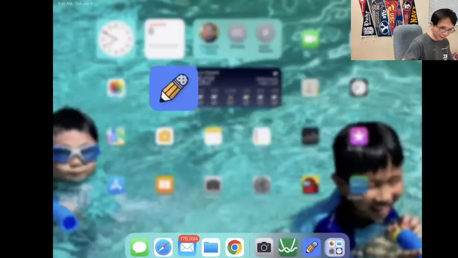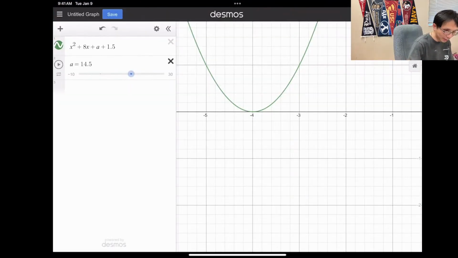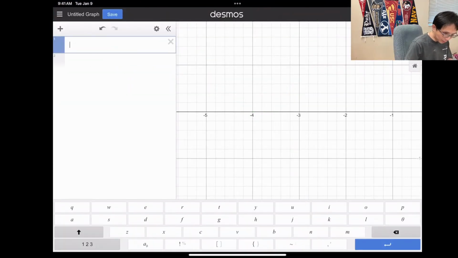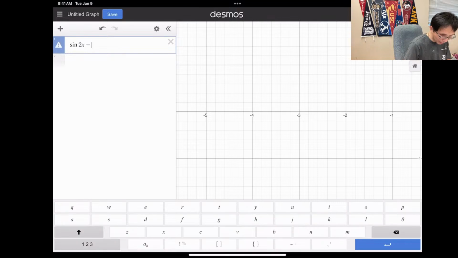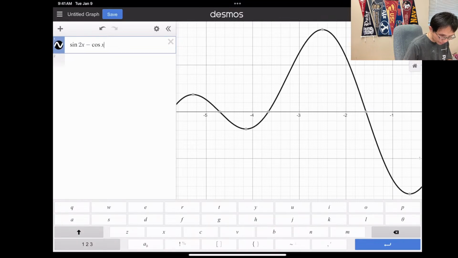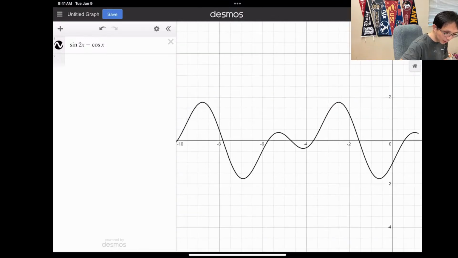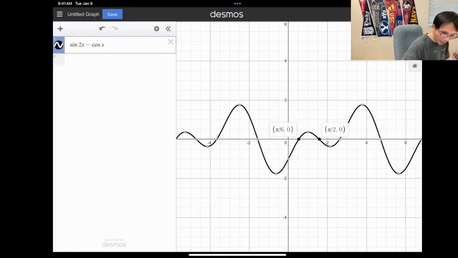Thank you. You subtract cosine of x. So it'd be 2 sine of 2x minus cosine of x, and do not set equal to 0. Just leave it like that, because you move to the other side, you look for the zeros, and you're going to see the solutions here. The solutions between 0 and 2 pi are right here.